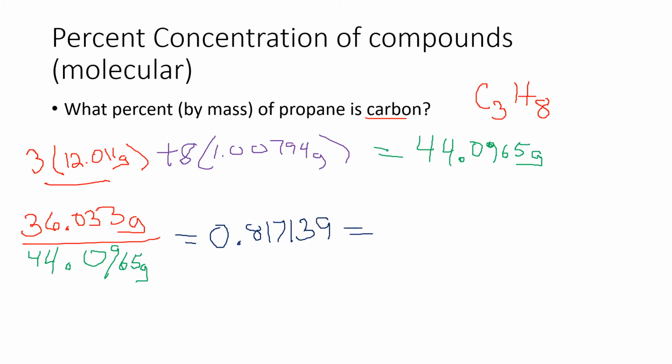Let's see, I had 5 sigs there, more than 5 there. And remember that the coefficients are exactly 3 carbons, so you don't have to include that in your sig fig stuff. I just need those masses. That was 5, and that was more than 5, so I get to keep 5. 1, 2, 3, 4, 5.